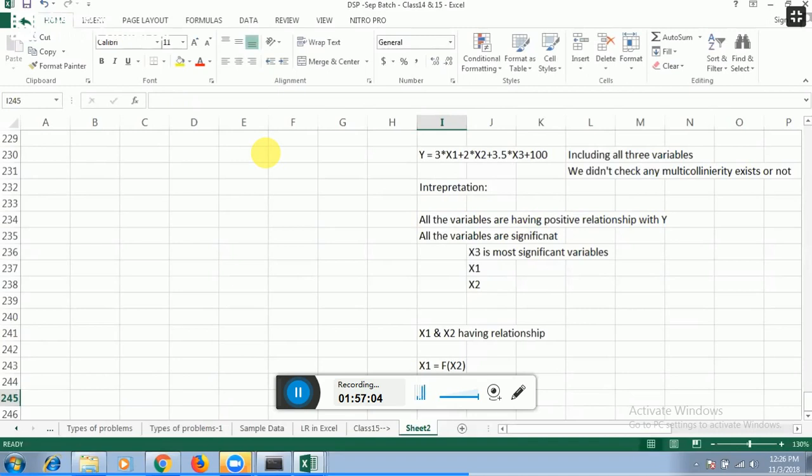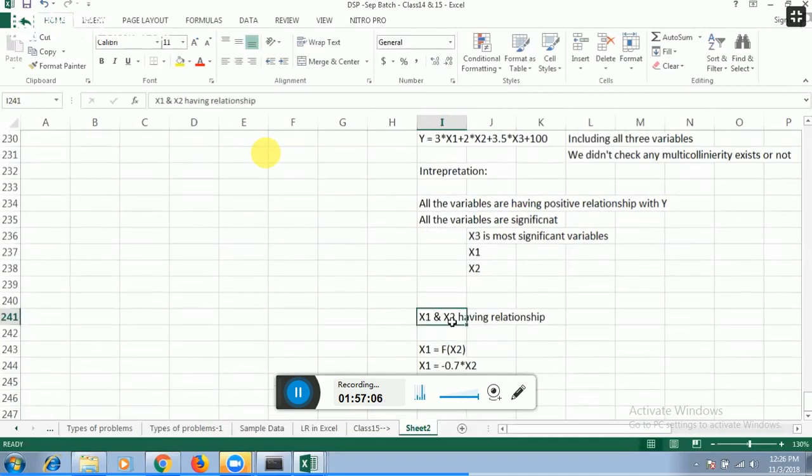So if I include this relationship, what will my model equation be? Y equals 3 times 0.7 times X2, that is minus 2.1 times X2, plus 2 times X2, that is nothing but minus 0.1 times X2, plus 3.5 times X3, plus 100.